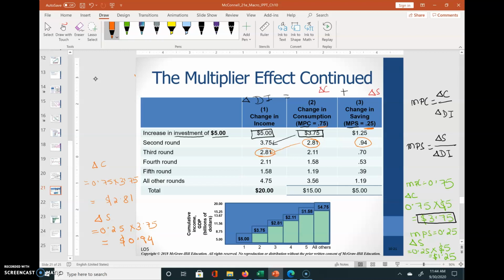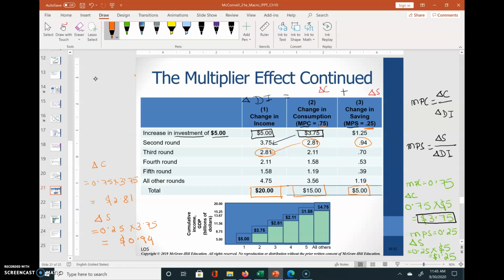Next, we can add all these steps up and we can find the total change in income, and we found this to be equal to $20. The total change in consumption from all these successive rounds is $15, and the cumulative change in savings is $5.